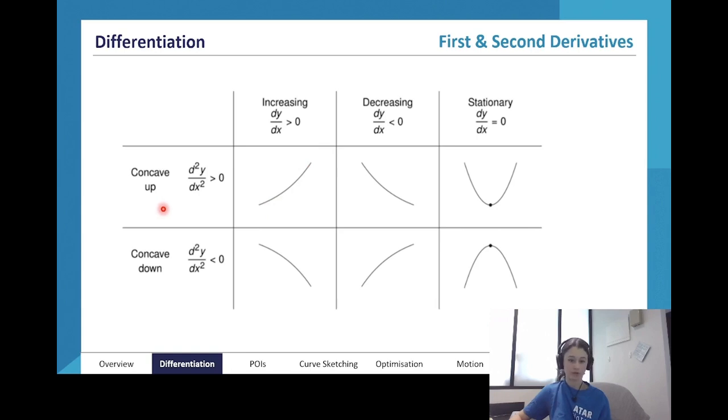And we call this concave up. And this occurs when the second derivative, this is the notation for the second derivative that we can also use, if you haven't seen this before, this is just another way of saying y double dash, is greater than 0. And then we have concave down when the second derivative is less than 0.